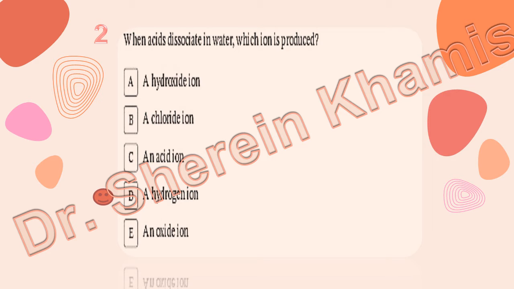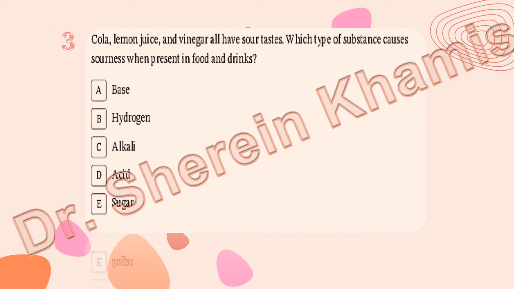Okay, this is question 2. Let's go to question 3. Question 3 says: cola, lemon juice and vinegar all have a sour taste. What type of substance causes sourness when present in food and drinks?